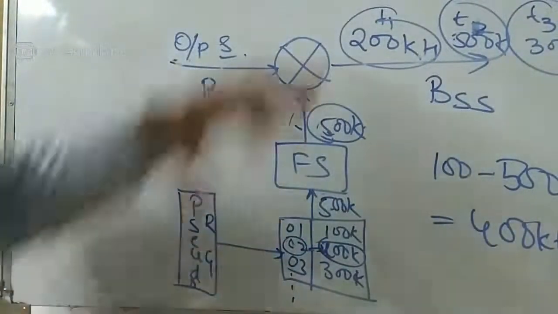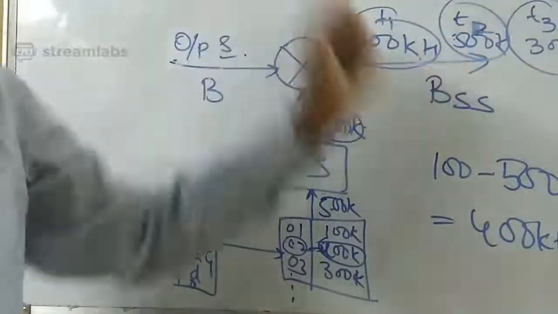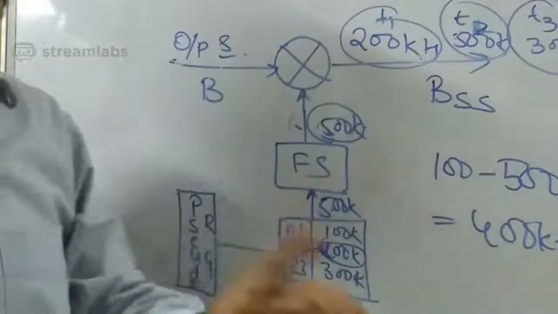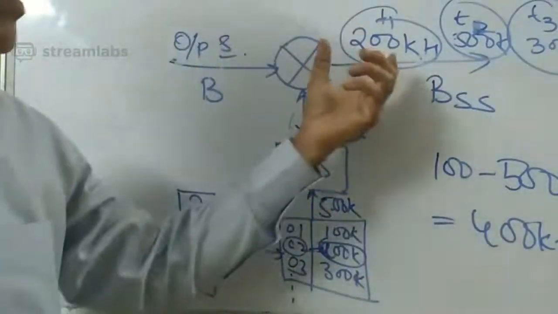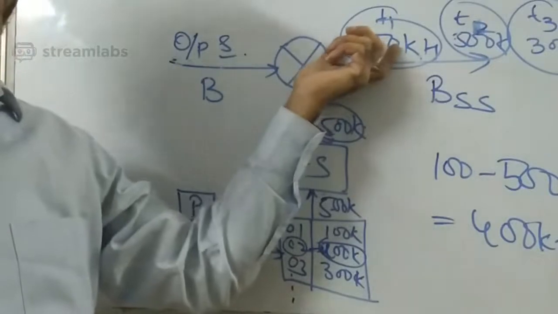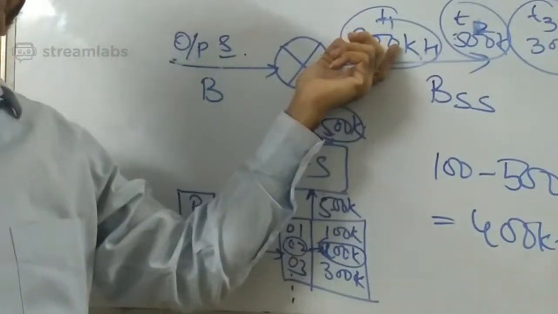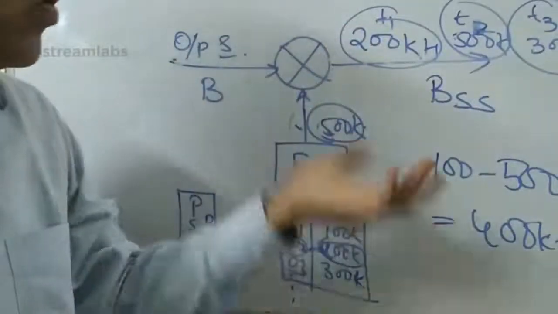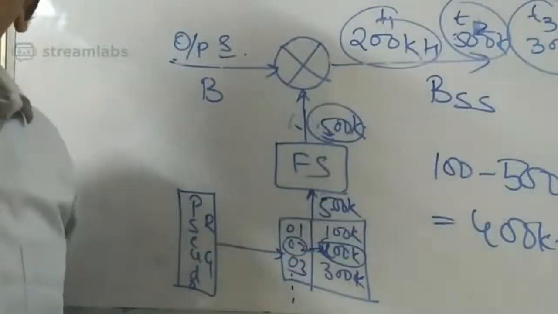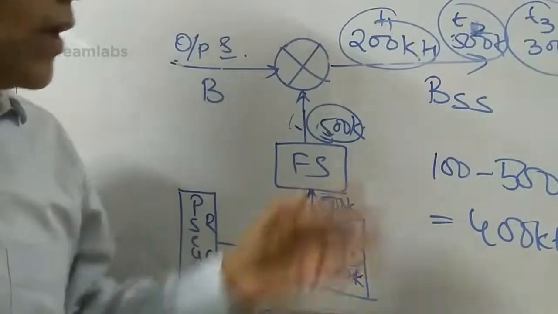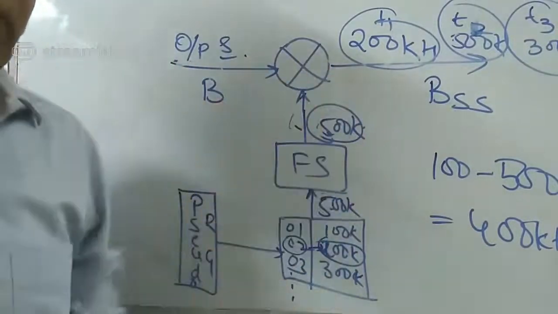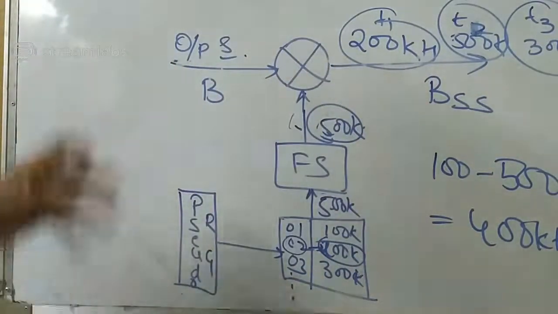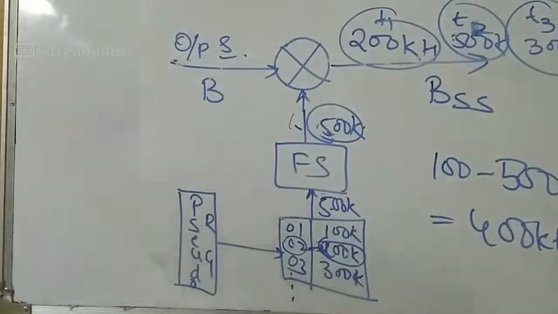He will not come to know which carrier frequency will be used to transmit. Even if somehow he comes to know that it is using 200 kilohertz, he will only get a very small part of the whole information. So by doing so you are hiding the information. This technique is basically for security reasons.